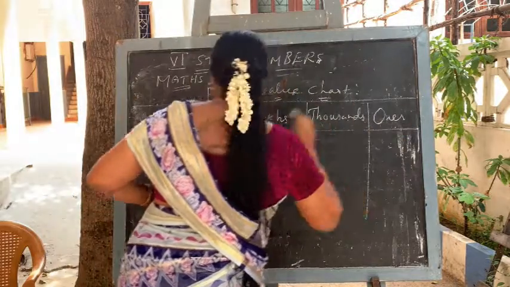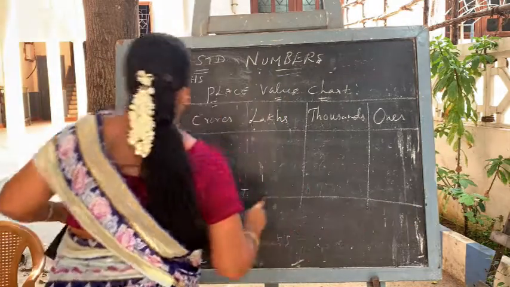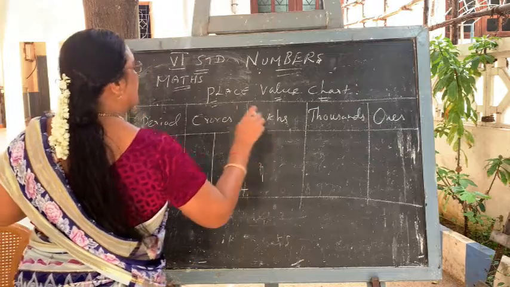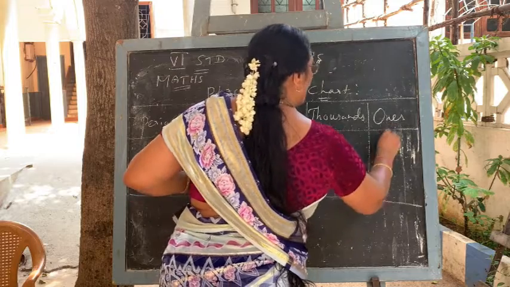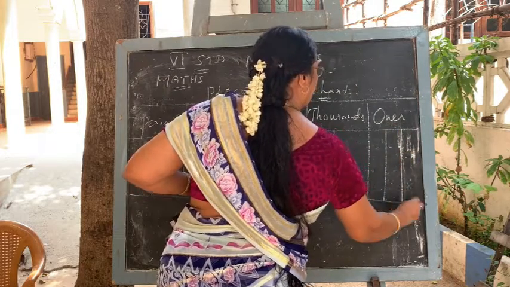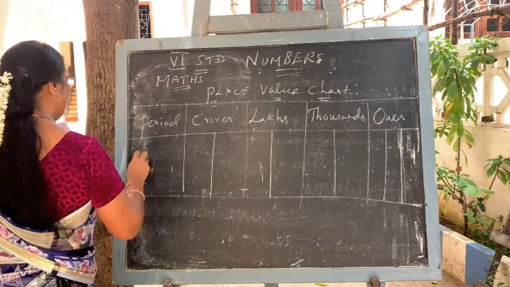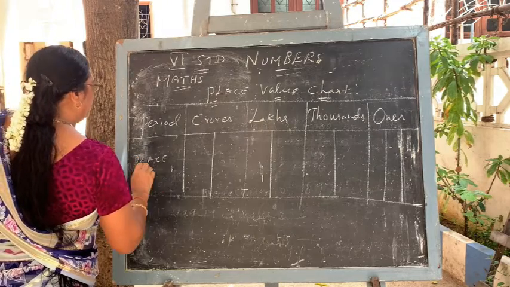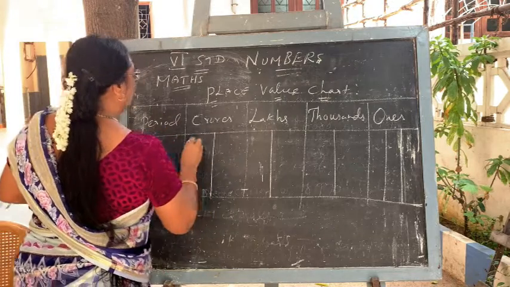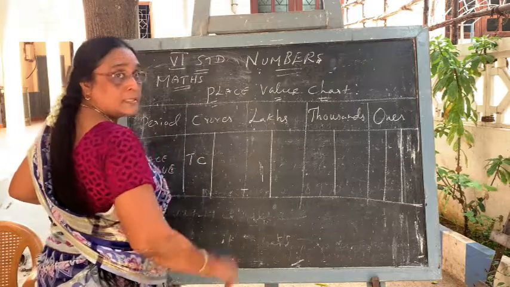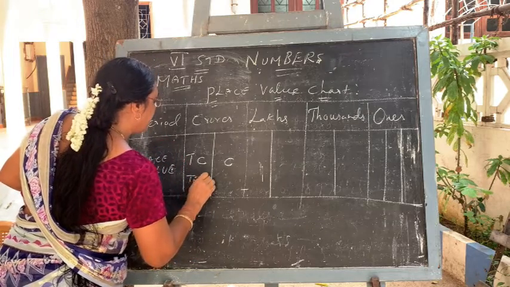You have to open it like this. Then you have to take the place value. How can you take the place value? Here the crore period is split into two, lakhs also into 2, thousands also into 2, and ones is divided into 3. All of you listen. This is 10 crore, that is TC.